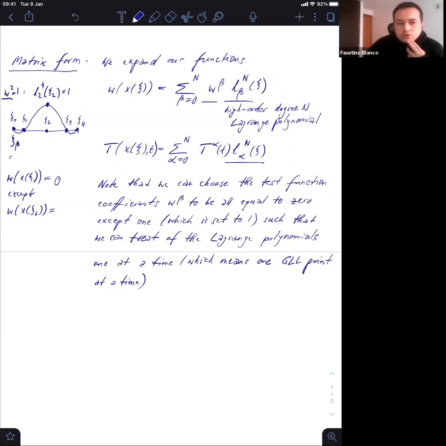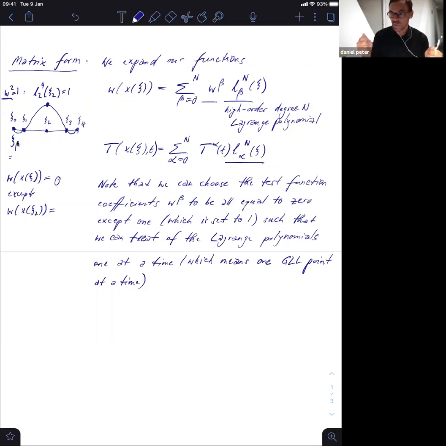And how do you do that? Randomly, or depends on some physical reason? No, in principle, to set up our linear system of equations, we will have as many equations as we have GLL points and unknowns. Then we can determine the unknowns.